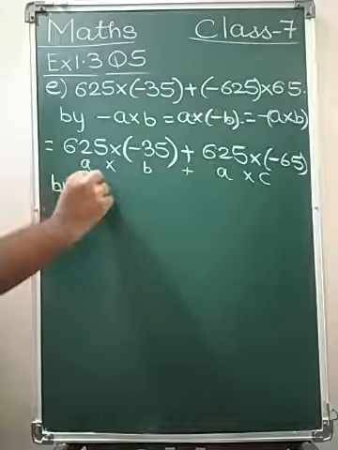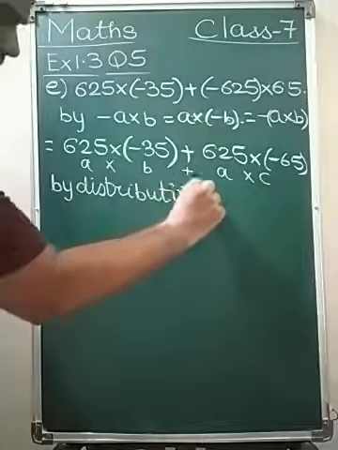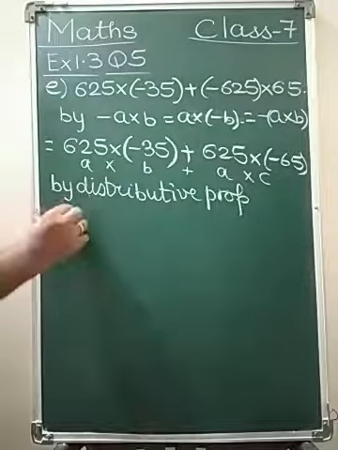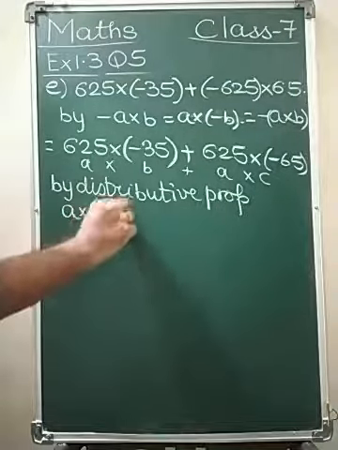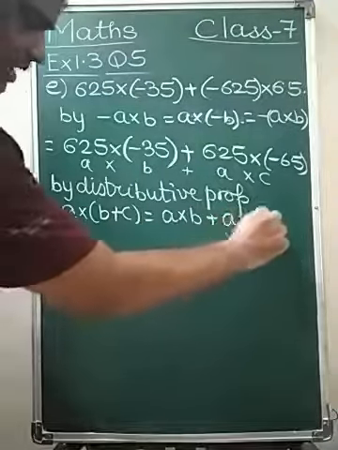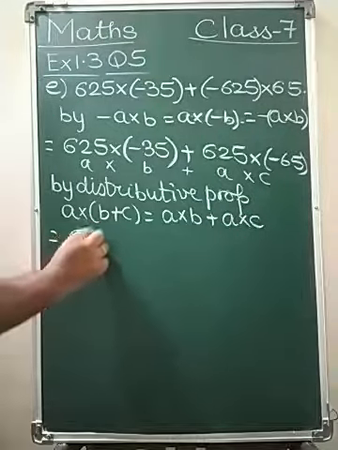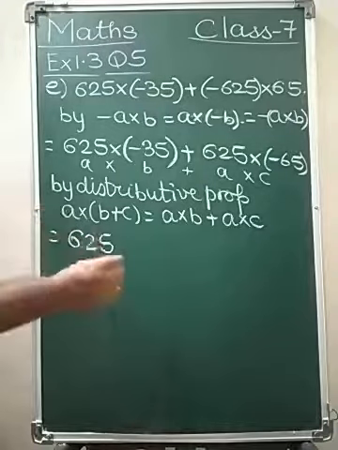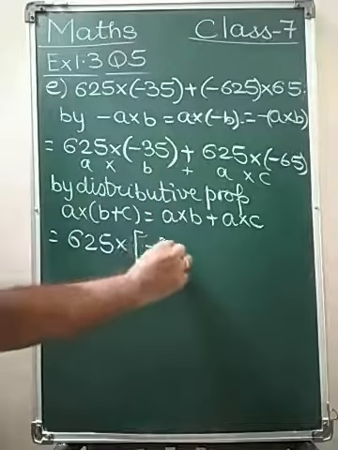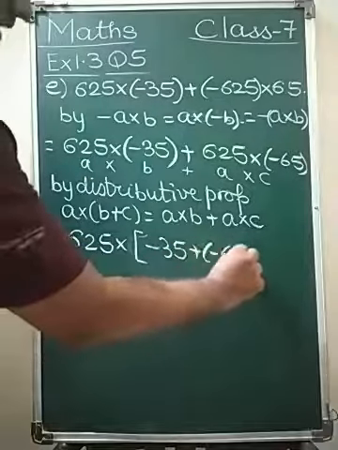By distributive property, A multiplied by B plus C equals to A multiplied by B plus A multiplied by C. So this equals to 625 is taken out common as A multiplied by, what is B? We'll give a square bracket, minus 35 plus, what is C? Minus 65.